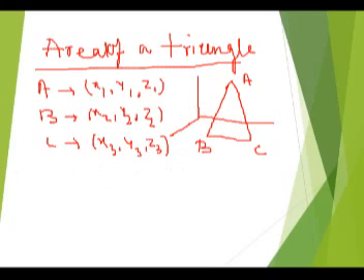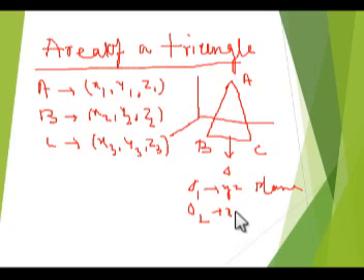Now, if we take the area of this triangle as delta, its projected areas on the coordinate planes are delta 1 on the yz plane, delta 2 on the xz plane, and delta 3 on the xy plane.